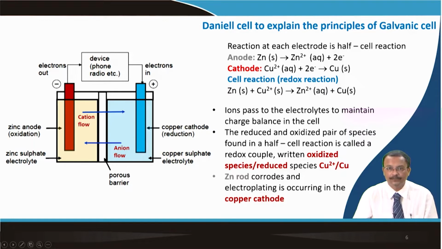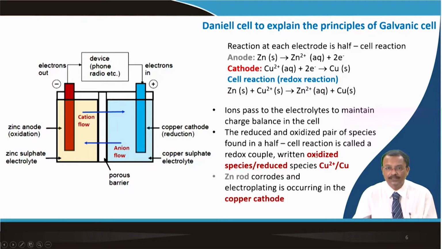So, the total cell reaction, we call a redox reaction. This is defined as zinc in solid state and copper in the oxidized state, Cu2+, and zinc gets oxidized and copper eventually gets reduced. As I said, the ions pass through the electrolyte to maintain the charge balance of the cell, and the reduced and oxidized pair of species found in the half cell reaction is called a redox couple.